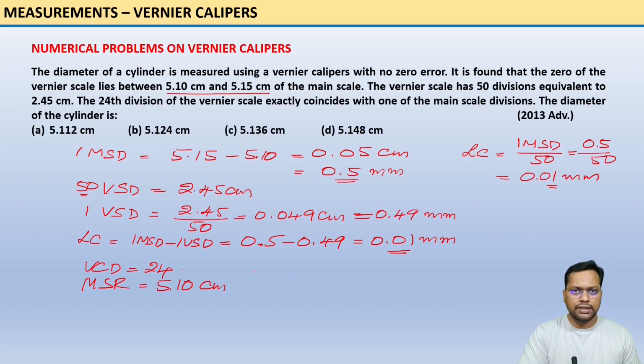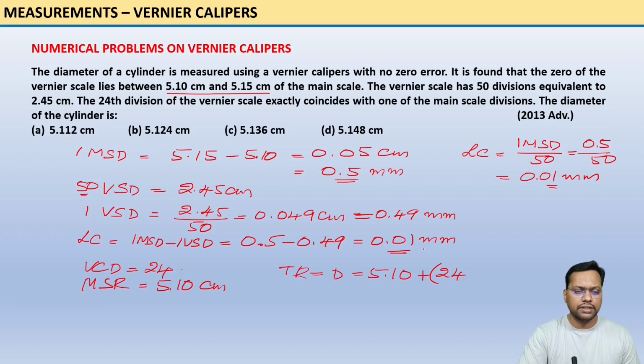To find out the diameter, we just need to add the main scale reading and the Vernier scale reading. That is the total reading, that is the diameter, D, equal to the main scale reading, that is 5.10, plus the Vernier scale reading, that is VCD into LC. VCD is 24, and the least count is in terms of millimeters.